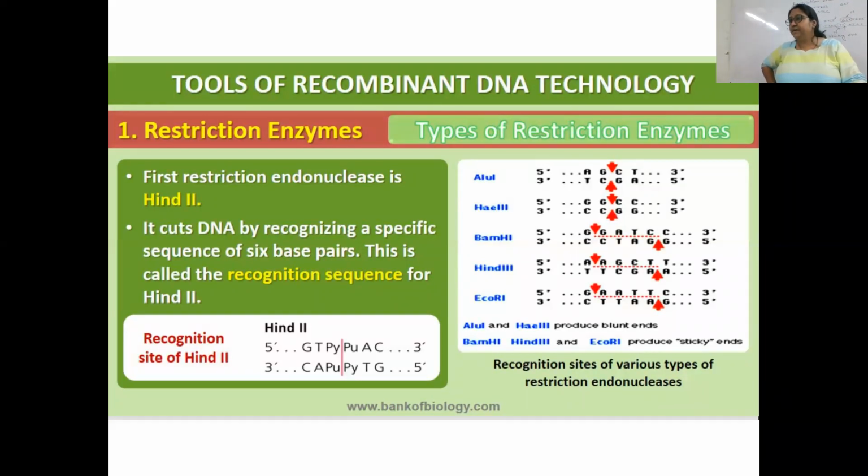In Prachi, how many? 2 only. Jia? 10. Mine, 5. So the number of bands will be different, and depending on their size, position will also be different. So this is a way we can go for DNA fingerprinting also. So we will move ahead.